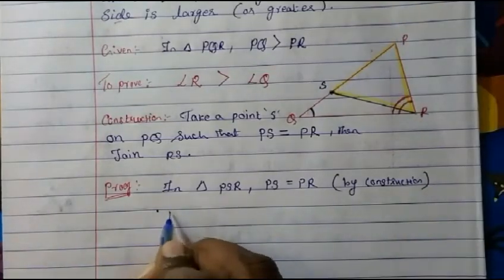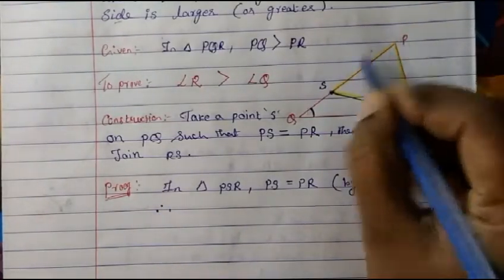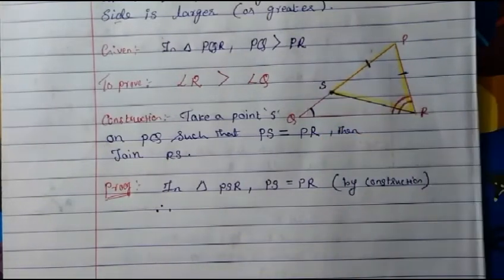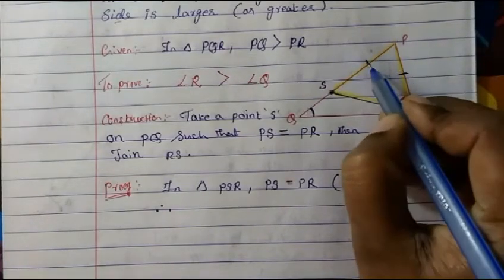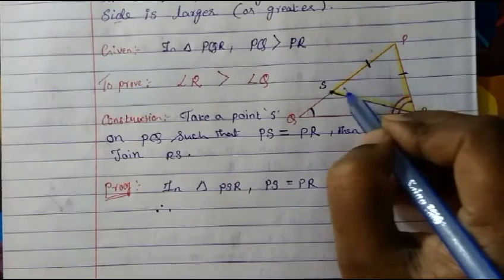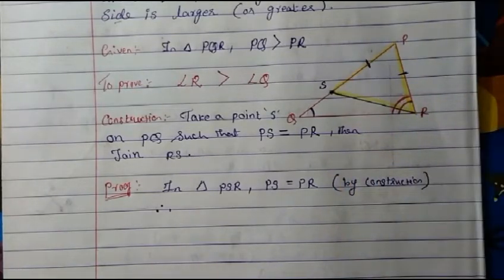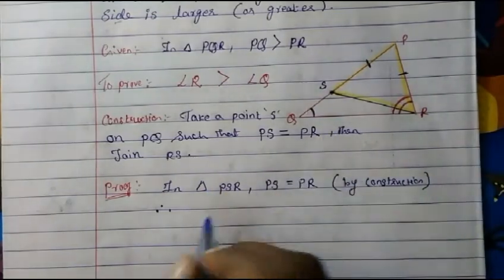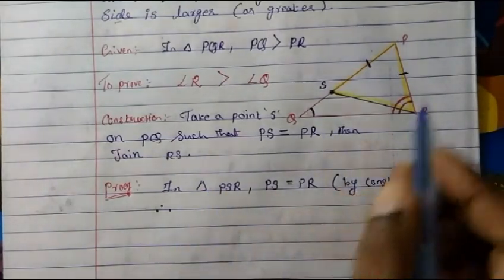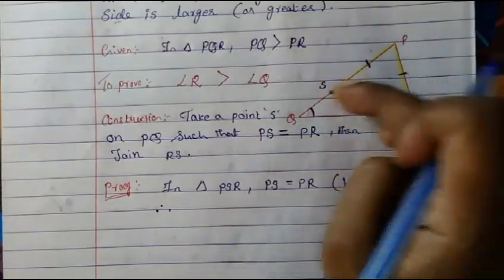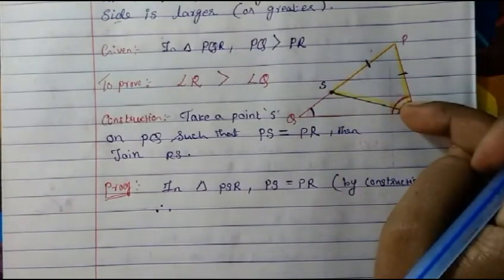So therefore, what can we say? If these two sides are equal, then we have studied in the theorem that if two sides are equal, then the angles opposite to those sides will also be equal.